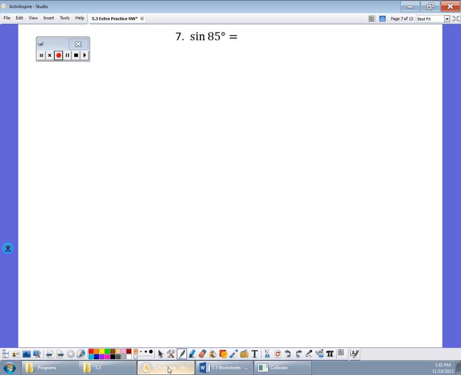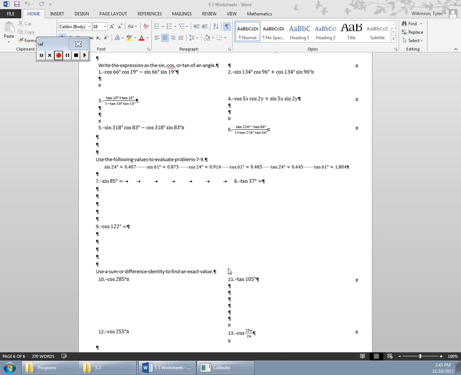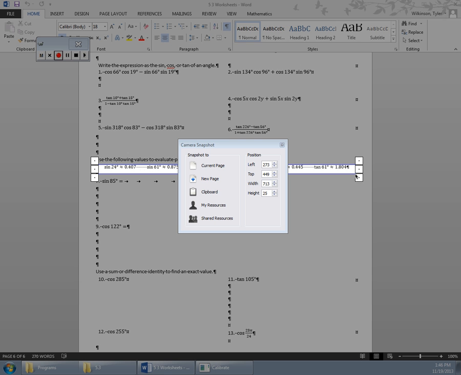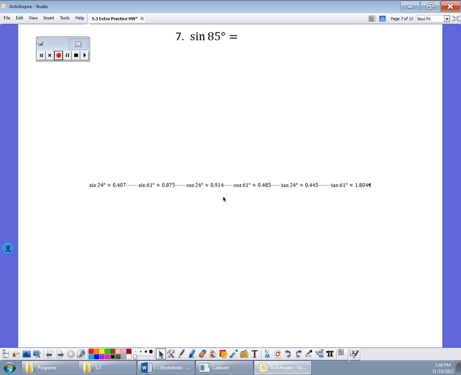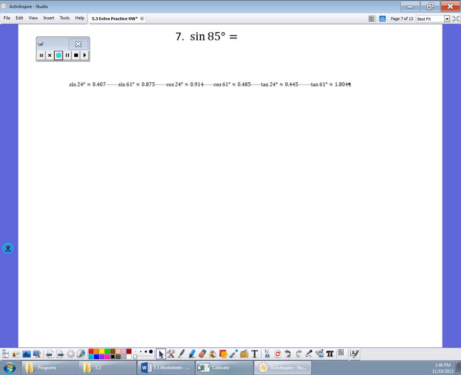Let me go ahead and take a picture of this so we can see right on here. Alright, so to get 75, all we have to do is add the sine of 61 plus 24.